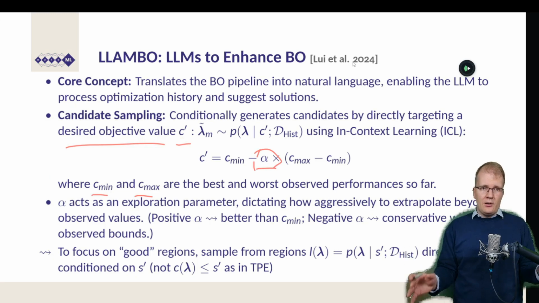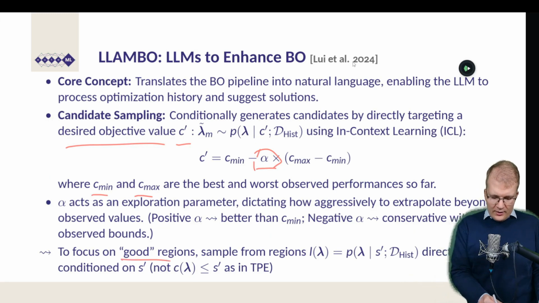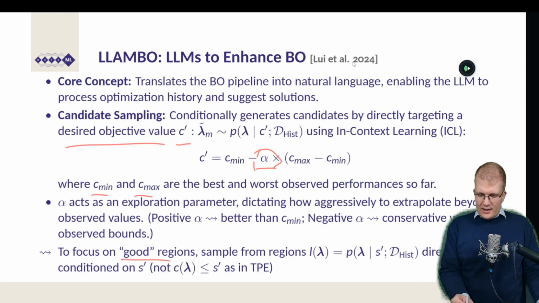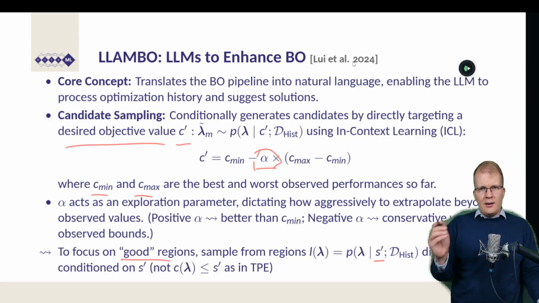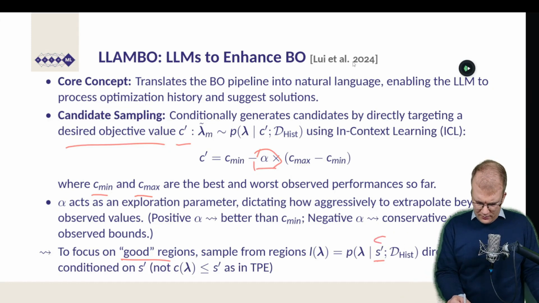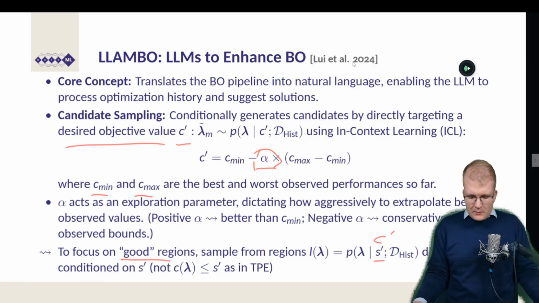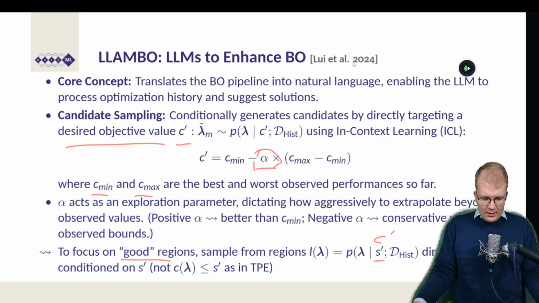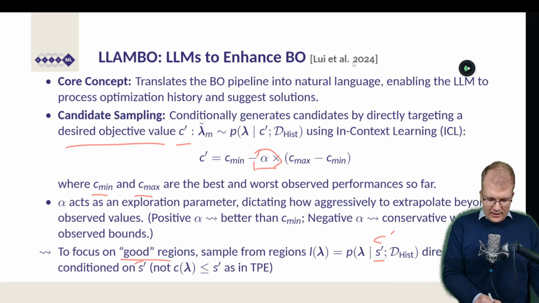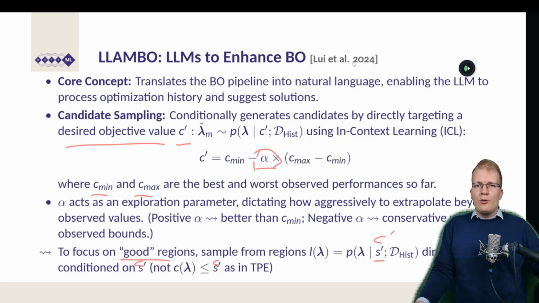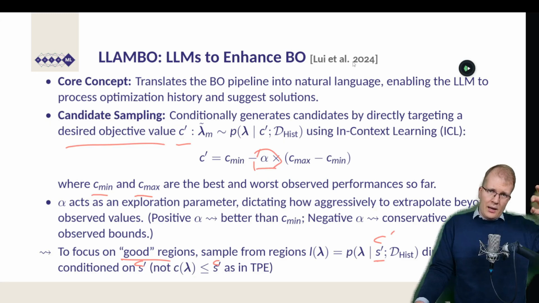Very important, we condition our large language model on these kinds of good regions, saying I would really like to have my performance values be here, sorry, C prime, not S prime, directly. And we don't say that it should be everywhere. We don't say that we only would like to be better than that, right? But we really say, okay, we would like to have a region where we have the performance of C prime.